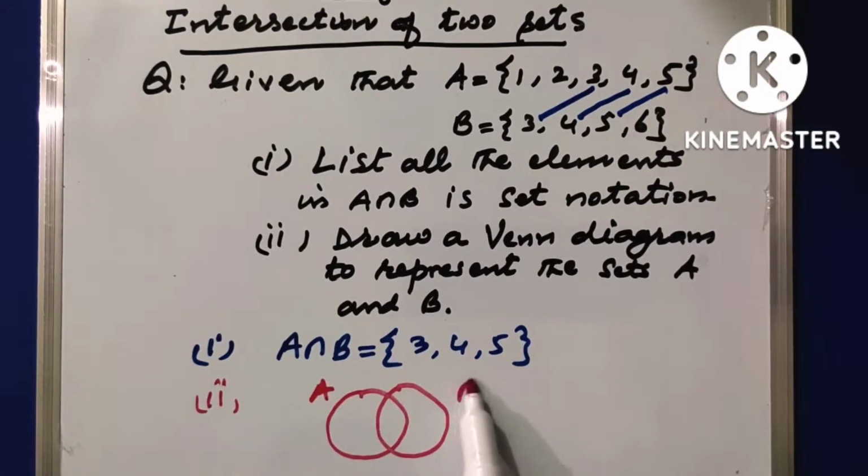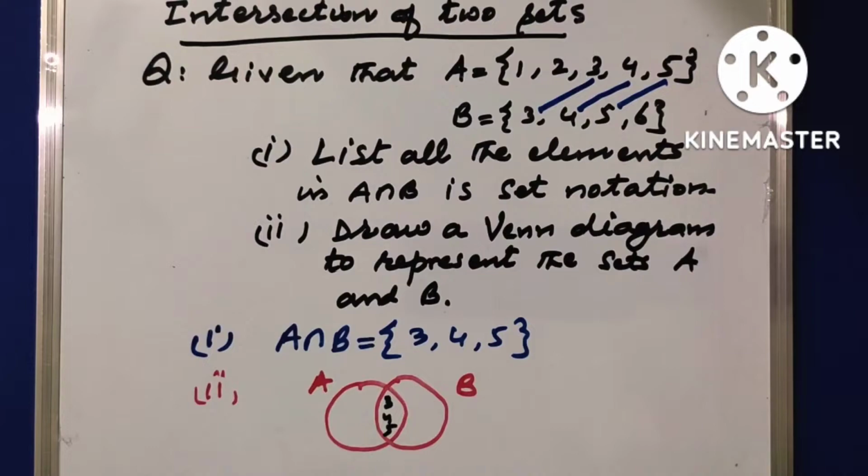This is A and this is B. The common elements are 3, 4 and 5. Now we have to see the rest of the elements of A which are not in this common area: 1, 2. And in B only 6 is left.